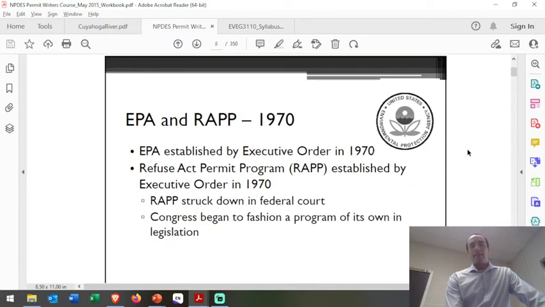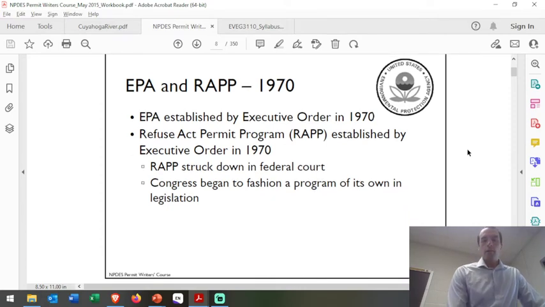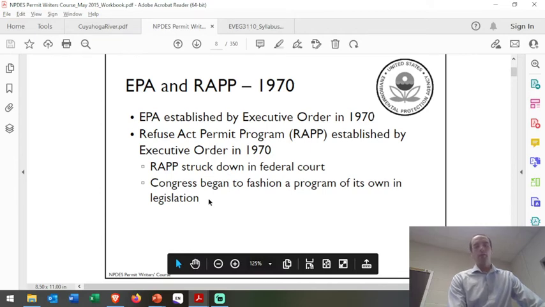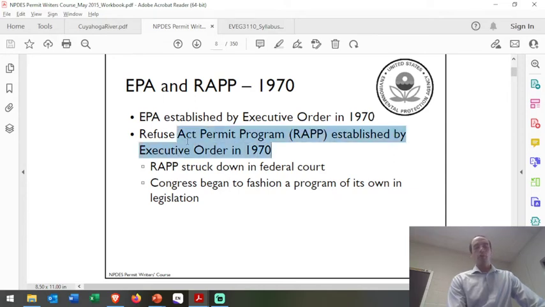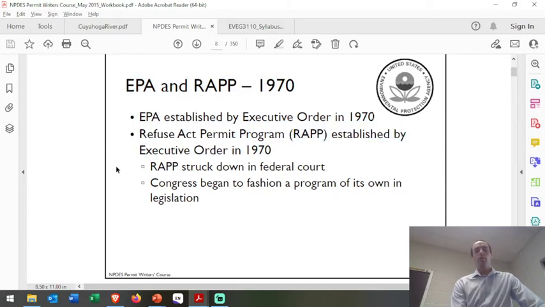Okay, so in 1970 then, we get the EPA and this Refuse Act Permit Program, or RAPP. That was an executive order in 1970. Ultimately, that was struck down, and Congress was told to fashion something from a legal perspective. Whatever your views on politics are, this might be an interesting example of how things tend to work, and maybe it's a good thing, even if frustrating, that an executive order can start a direction for something.